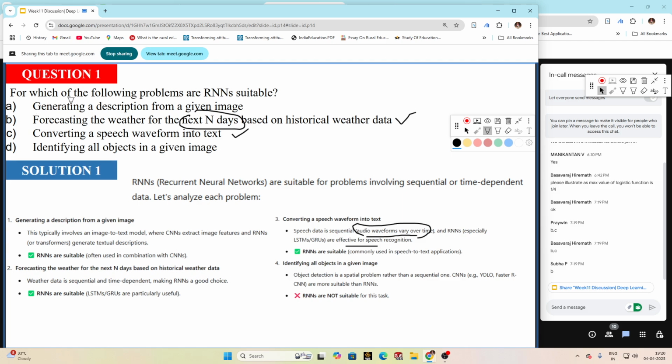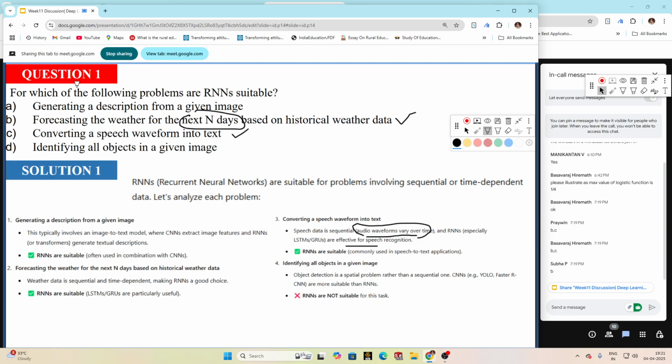Let's see option A, generating a description from the given image. Whenever you are generating a description from the given image, you will typically involve two steps. One, you have to extract your image features by CNN. Second, you have to use RNN to generate the textual description. So this consists of both CNN as well as RNN.